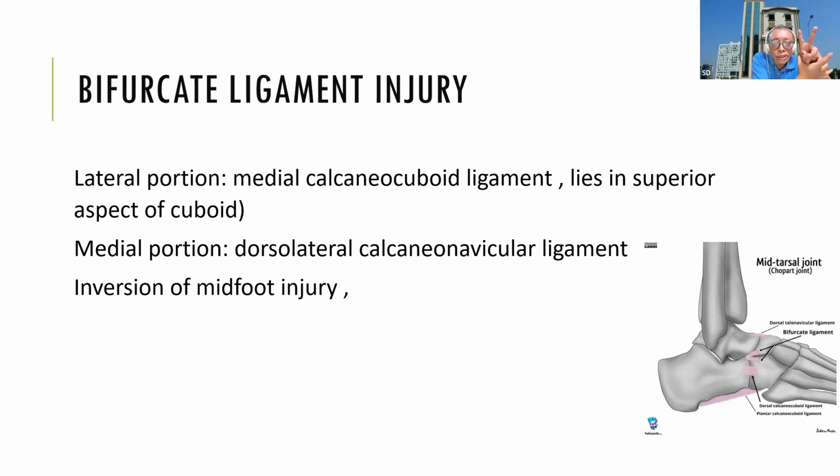It originates from the calcaneus, but the lateral portion is inserted in the cuboid bone, and the medial portion is inserted in the navicular bone. So it is a Y-shaped structure starting from the calcaneum, and one arm will end at the cuboid, that is the lateral portion, and one arm will get inserted in the navicular bone, that is the medial portion.